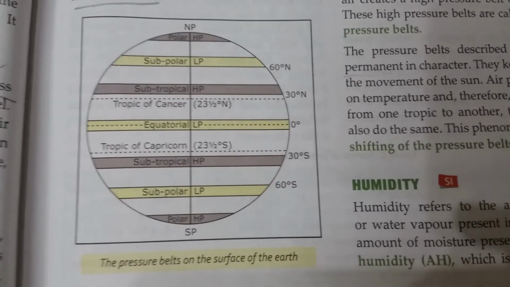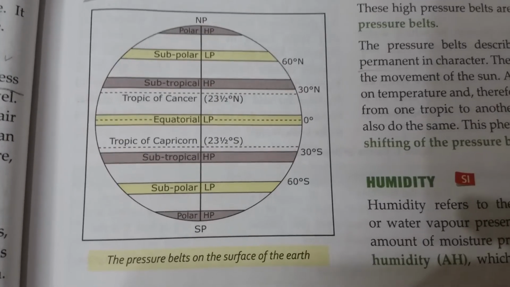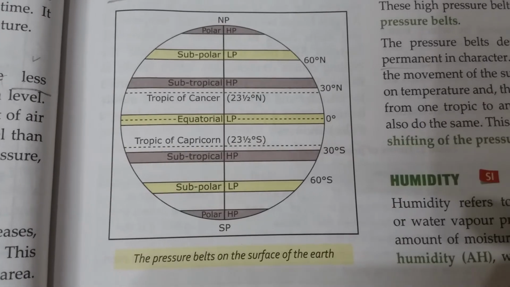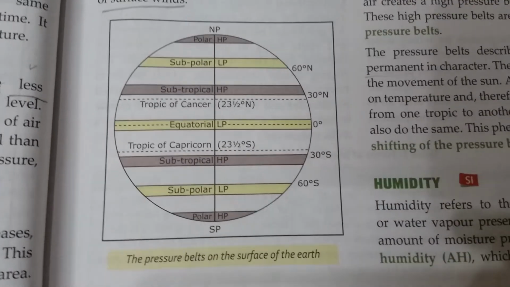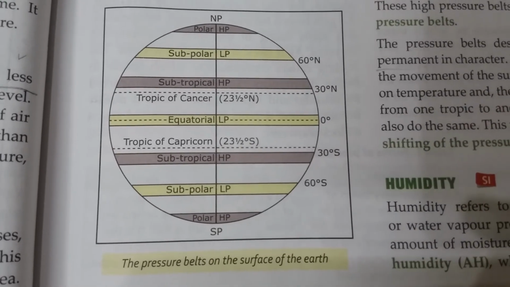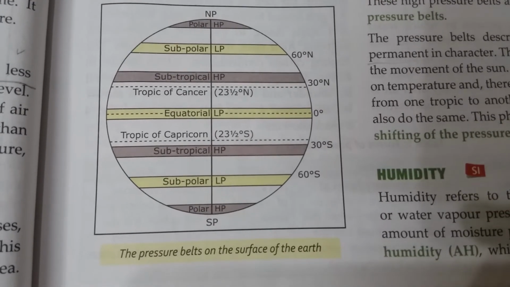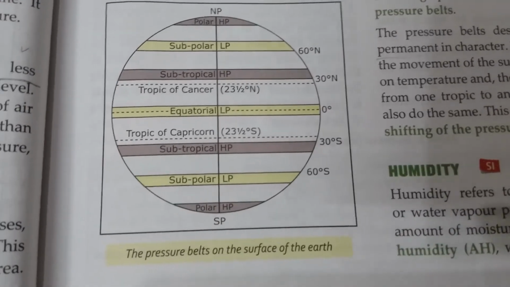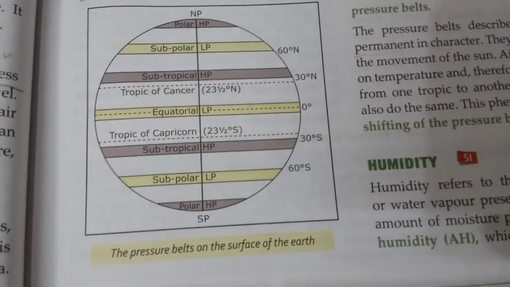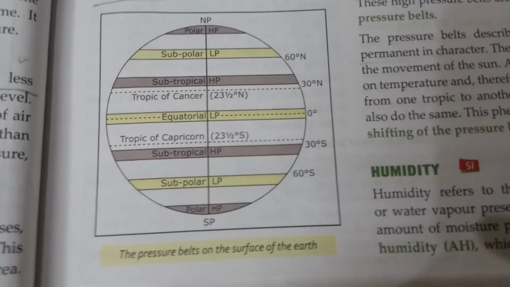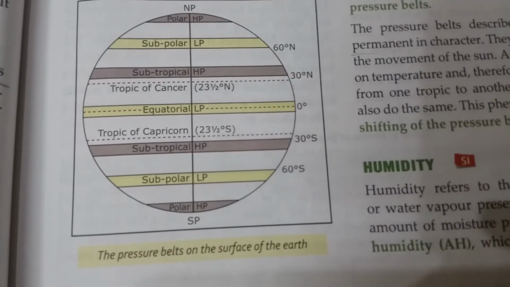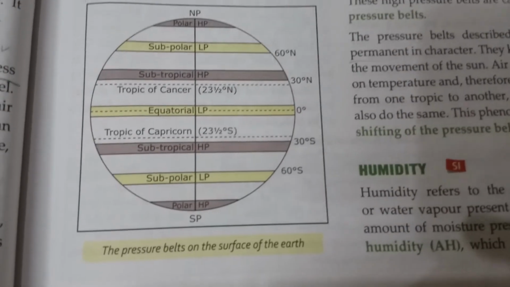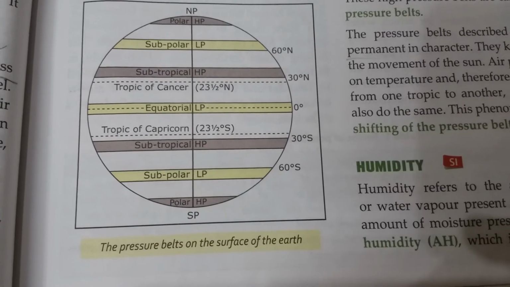In your books also, on page number 37, you can see the diagram of the pressure belts on the surface of the earth. You can see at the center there is the equator, the equatorial region. There LP is written. LP means low pressure area. Then away from it, you can see the Tropic of Cancer at 23.5 degree north, and the Tropic of Capricorn at 23.5 degree south.